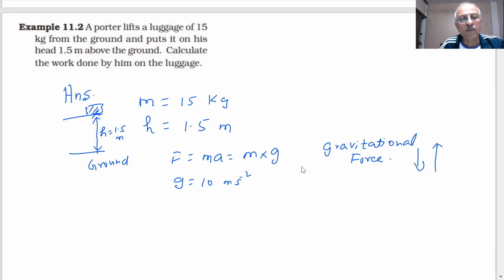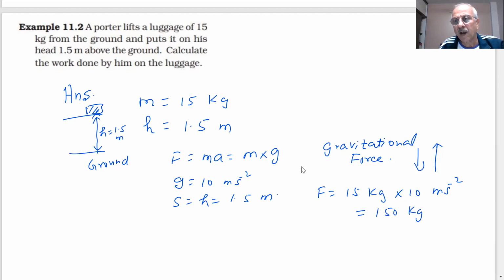Okay. Then what is the displacement in this case? 1.5 meters. So what will be the force then? Force is 15 kg into 10 meter per second square. How much is that? 150 kilogram meter second inverse, that will become 150 newtons. So the force is 150 newtons, students.